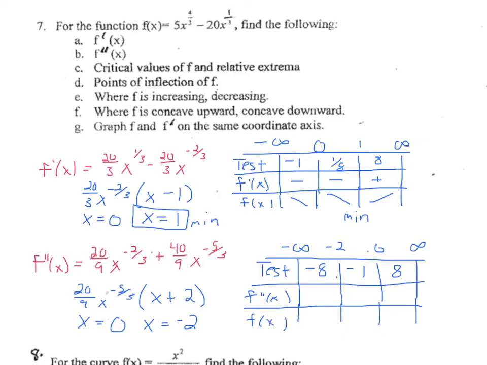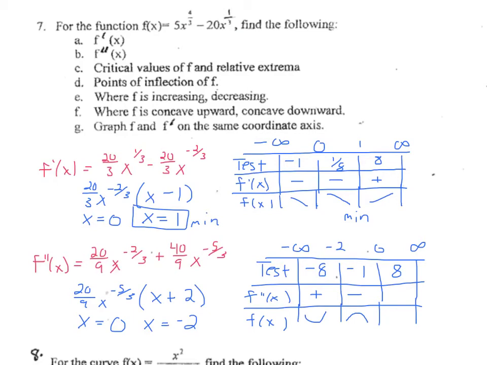So if I plug in a -8, I'm going to get a negative times a negative, which will be a positive, so I will be concave up. And if I plug in a -1, I'm going to get a negative times a positive, so I'll get a negative. I'll be concave down.